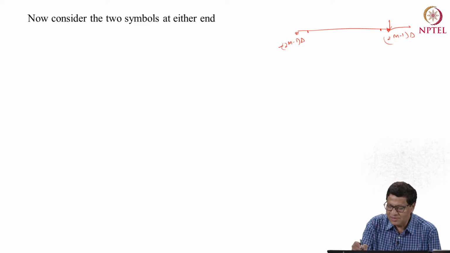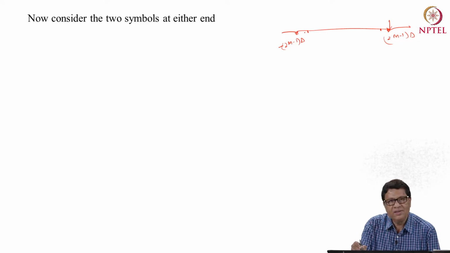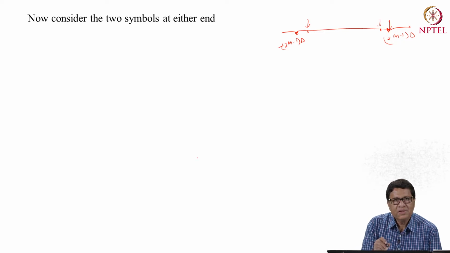Similarly, if the noise is in this direction, this will be decoded as this point. Whereas if it is on the other side, the noise amplitude, then there may be an error. It may be decoded as this point in this case, or it may be decoded as this point in this case. So the scenario is different for the endpoints, which was not the case for the interior points.